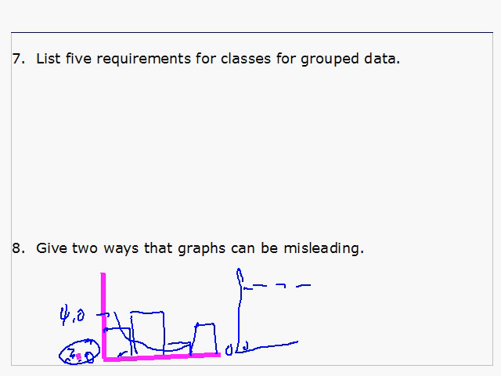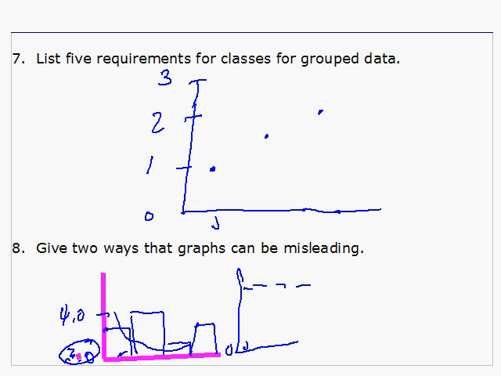The other way graphs can be misleading is if instead of having dots, so here's the data, here's the net worth of some banks in billions. And this does go all the way to 0, but this is over January, February, and March, say.